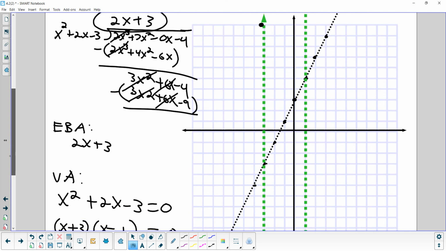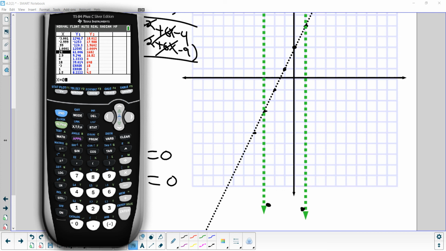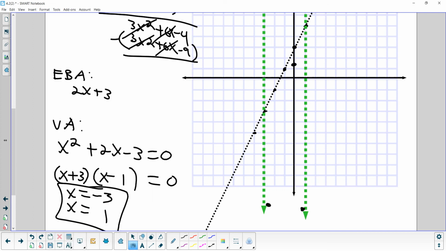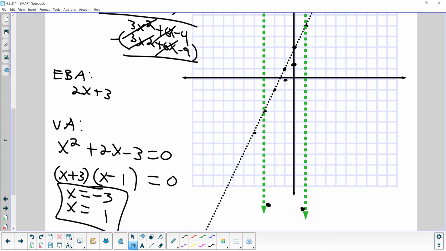All right. I'm not really sure what's happening here. I have no idea what's happening in that middle section. So I'm going to check a few more points. Let's check 0. 0, 1 1/3. Okay, so that's another point in the middle. Let's check -1. See where we're at. -0.25. Okay.